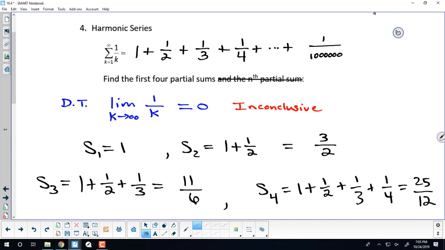These subsequent terms are all getting smaller than the previous term. That's what that limit tells us. But again, just because the terms are getting smaller and smaller, eventually approaching 0, that doesn't mean that we have convergence. And this is usually the quintessential example to say just because the terms get smaller doesn't mean that a series converges.